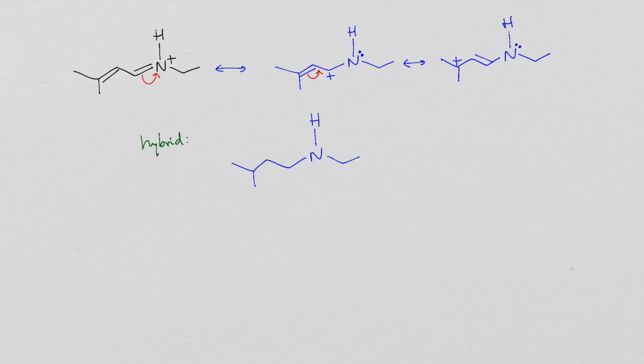Now, at the very least, nitrogen has no lone pairs. So unfortunately, there's no lone pair we're going to draw on that nitrogen. And then the double bond is actually in all 3 of these places. So here, here, and here.